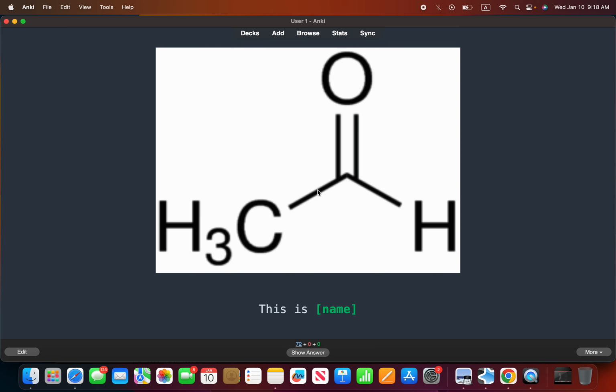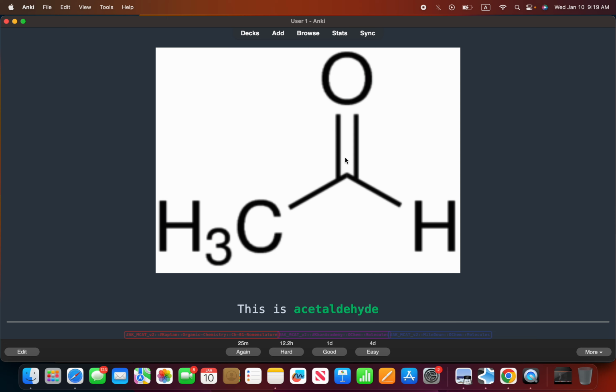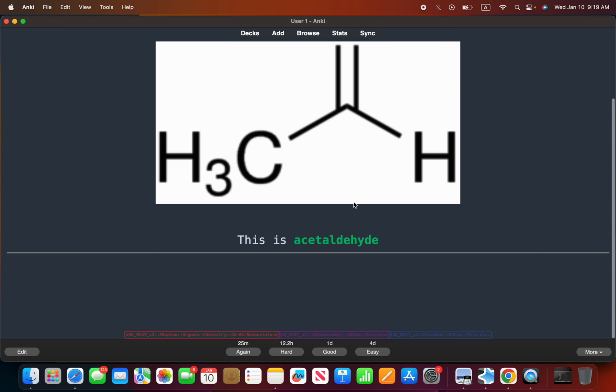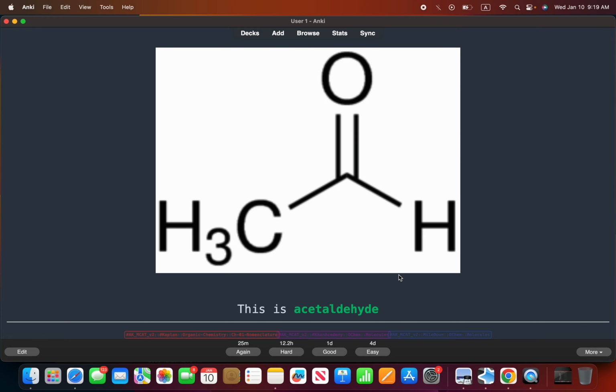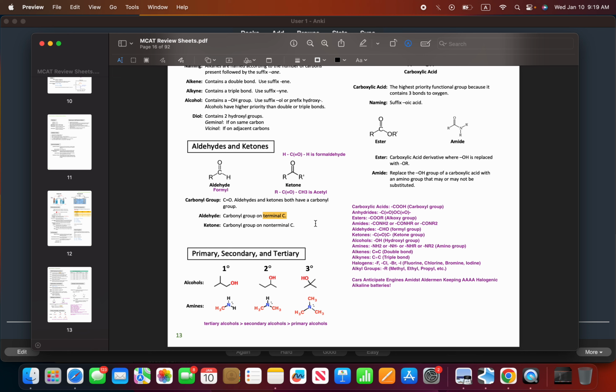This is an aldehyde with ethanol, which is formal, acetaldehyde. So we have done.